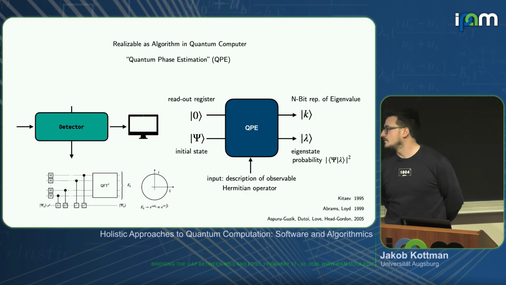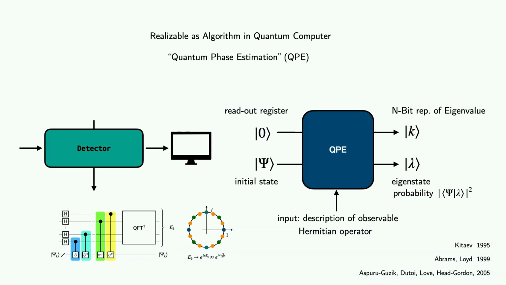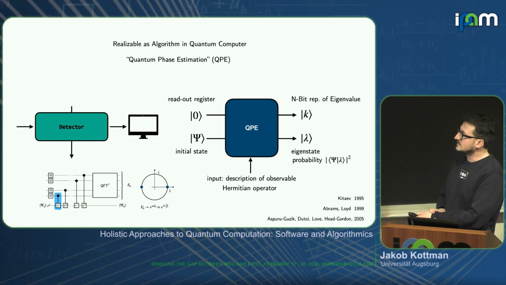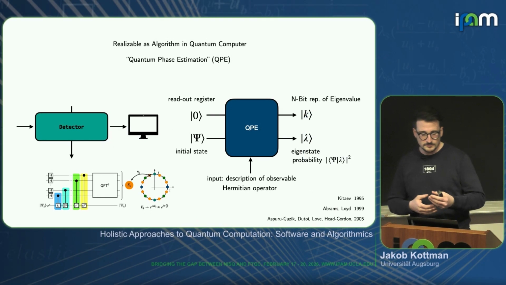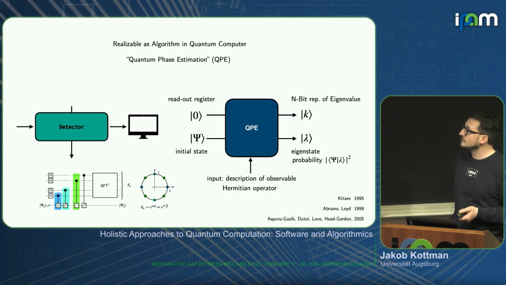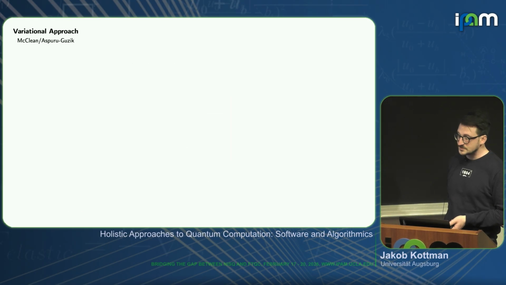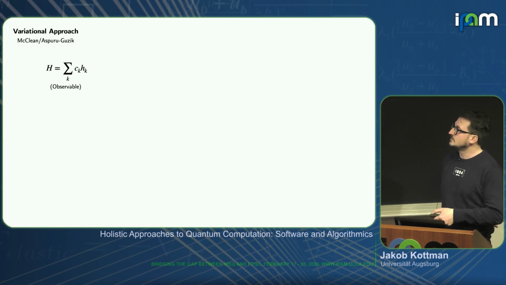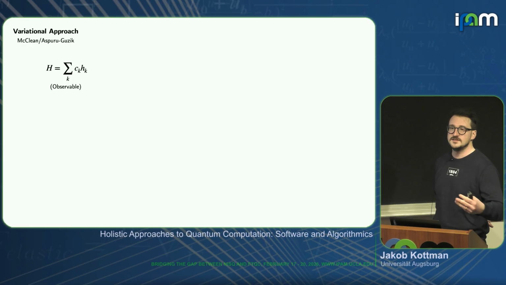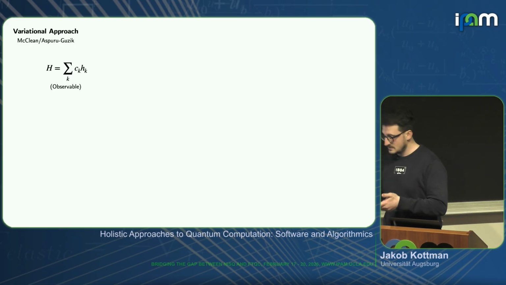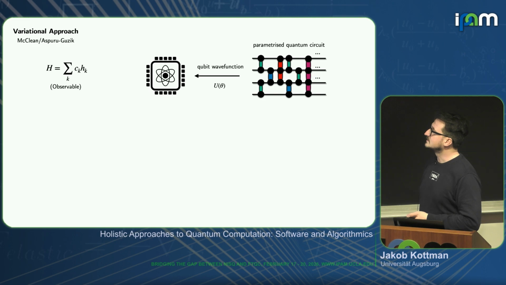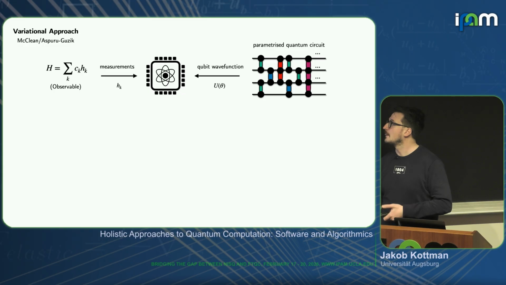We've seen on the first day that the resource estimates in the very beginning were quite unfeasible, but it's getting better and better. So we're getting close to a point where we could actually use this to tackle ground state systems. But at the same time, there were also different approaches, for example the variational approach, which essentially uses that we can decompose our observable into a linear combination of smaller observables, and then couple this with a parameterized circuit, which gives us a representation of our quantum states.